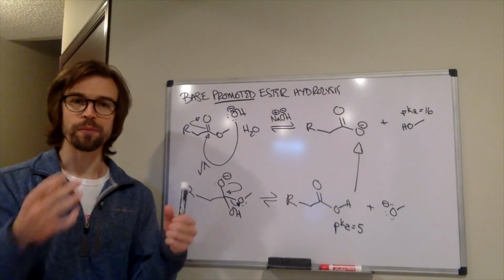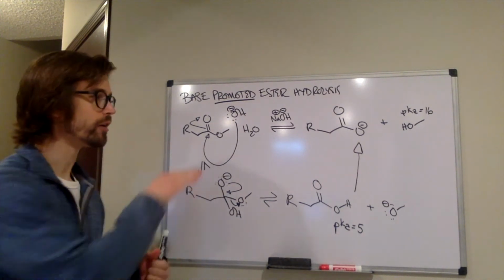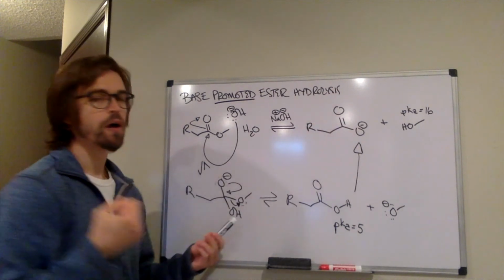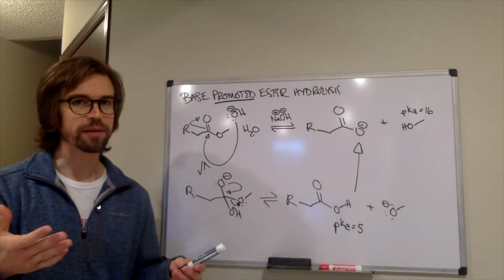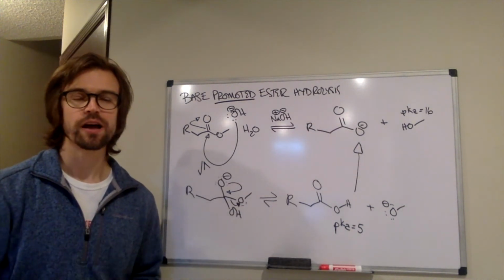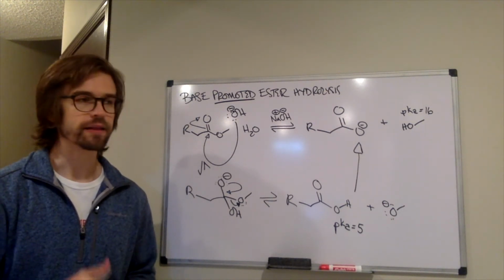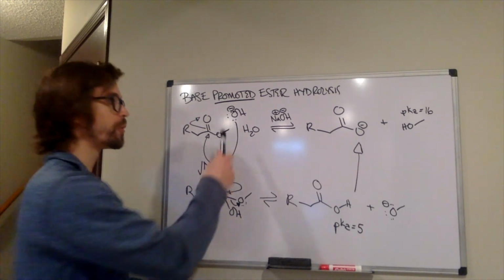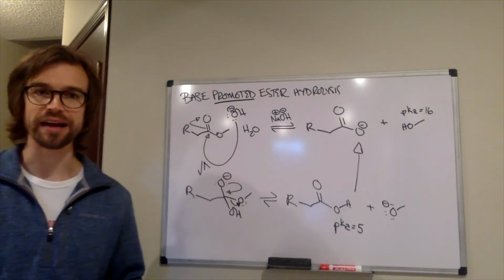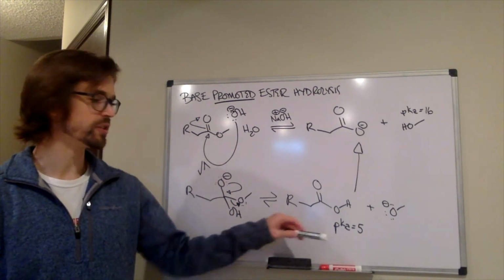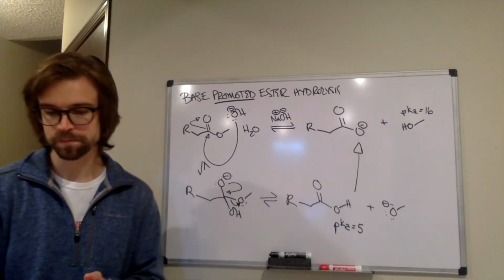So it's promoted because the base is required for this reaction to occur, but it's not catalyzed by base because catalysis infers that we are reforming the catalyst at the end, and we're not reforming OH minus. That OH minus is fully used up, so it's promoted by that base.